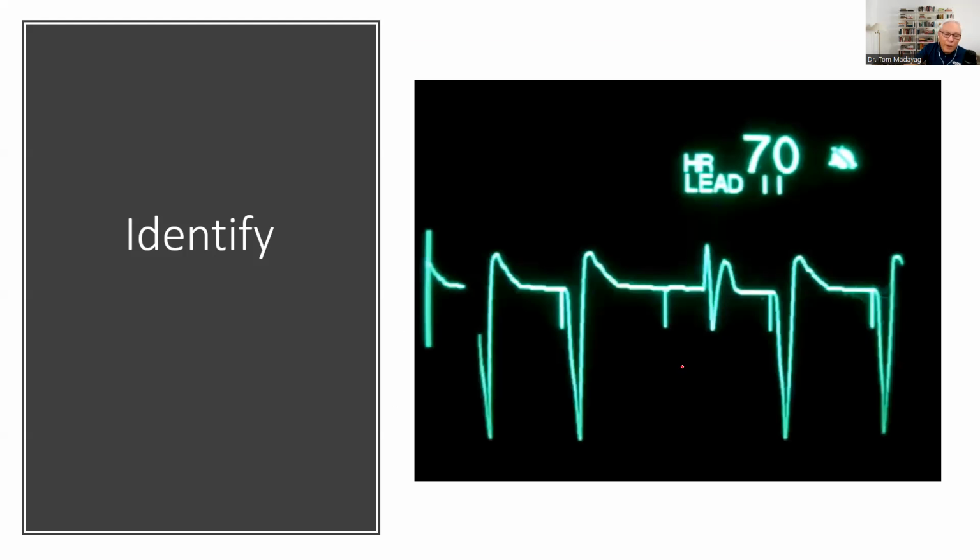But here is a good demonstration right here. As you could see, there is a pacing spike without any QRS complex. This is what's called loss of capture. Now, what is this beat right here? This beat is a normal QRS complex, which means that it's an inherent ventricular beat.